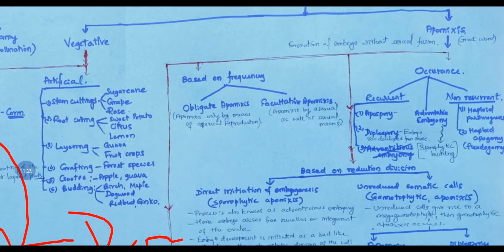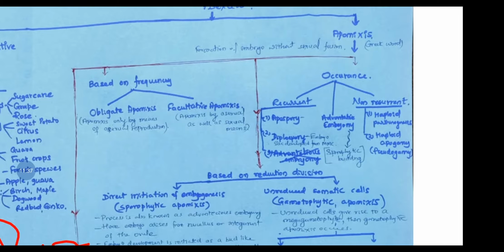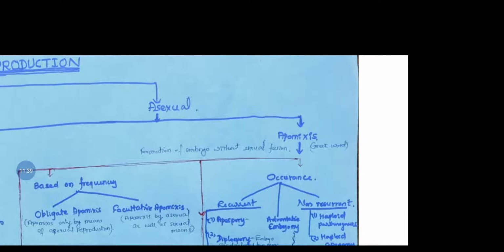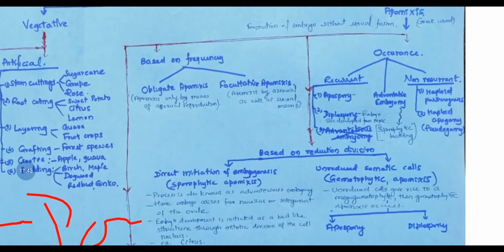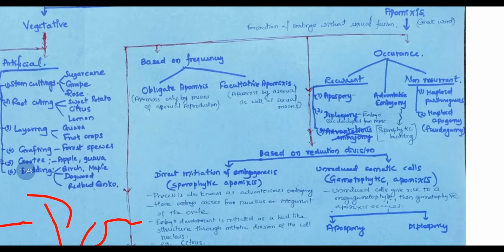Then coming to the classification based on occurrence, it is divided into recurrent apomixis, adventitious embryony, and non-recurrent apomixis. Recurrent apomixis is further classified into apospory and diplospory. Diplospory is the embryo sac development from the megaspore mother cell.